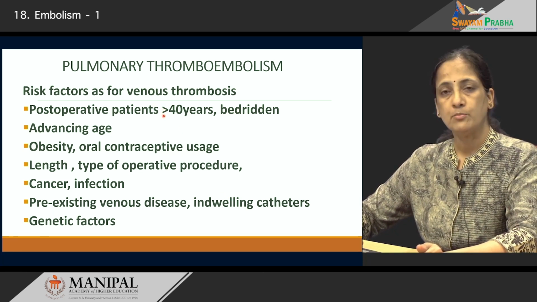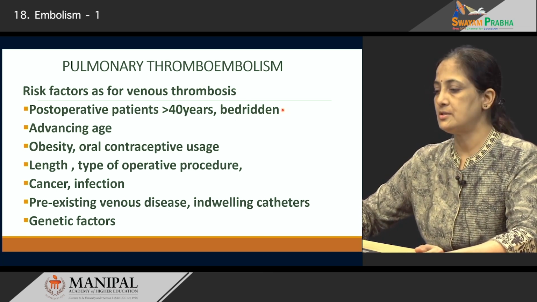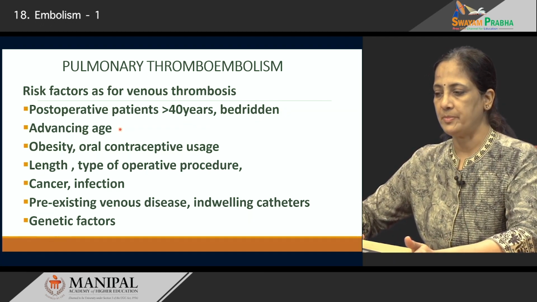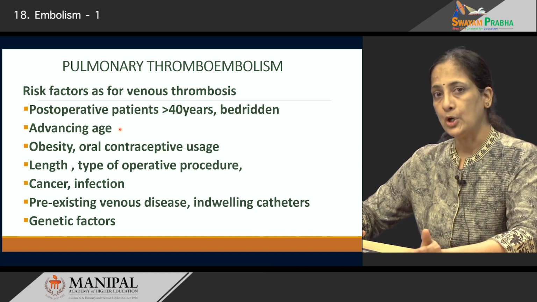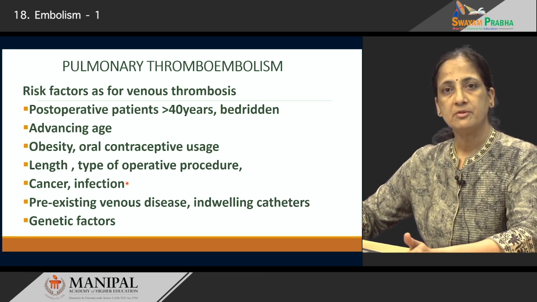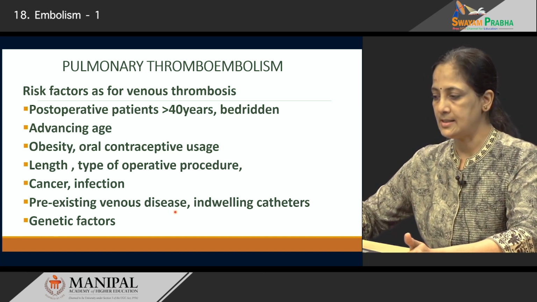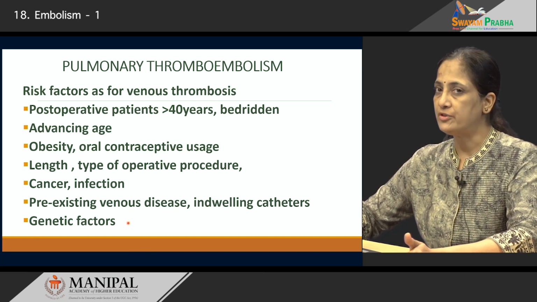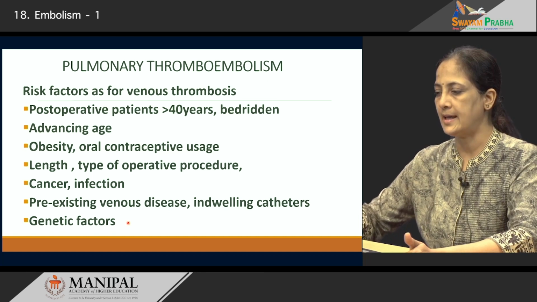It is commonly seen in post-operative patients who have been bedridden for some time, elderly patients who are also subjects for major surgeries, advancing age of the patient, in obesity, oral contraceptive use, prolonged surgeries, for example, like orthopedic procedures, in patients suffering from cancer and infections, patients having pre-existing venous diseases, indwelling catheters, and in a small percentage of familial cases where there is a genetic predisposition to developing thrombosis and hence emboli.